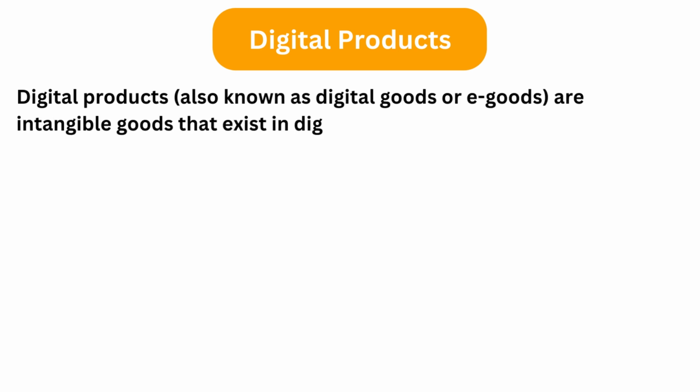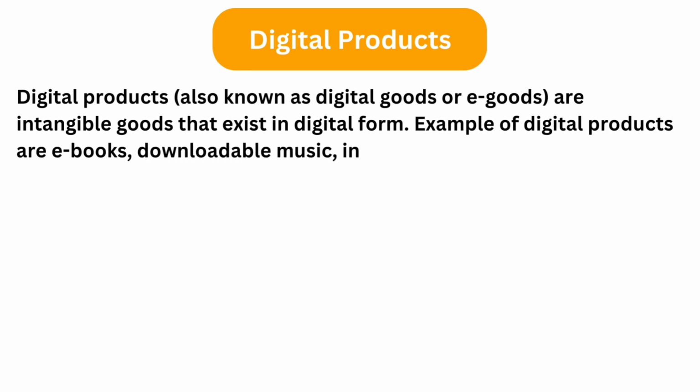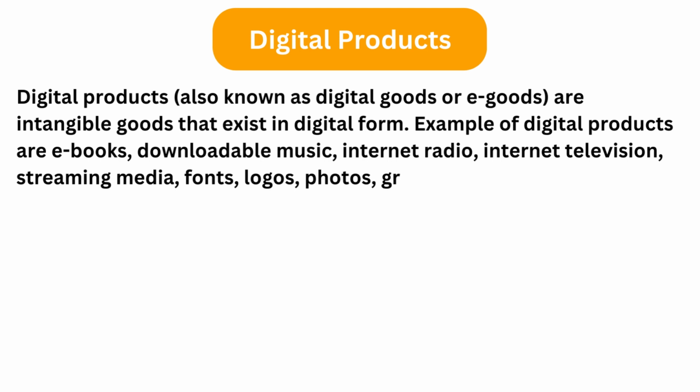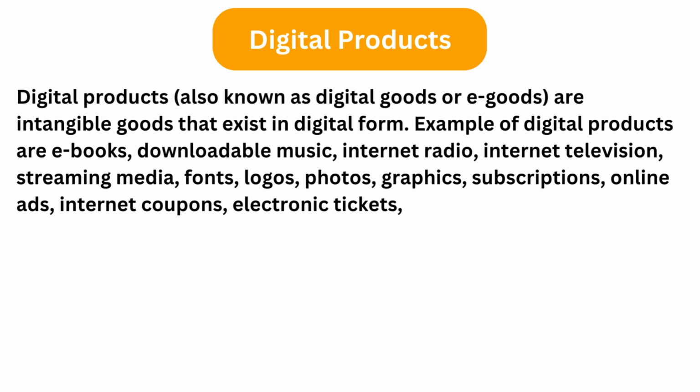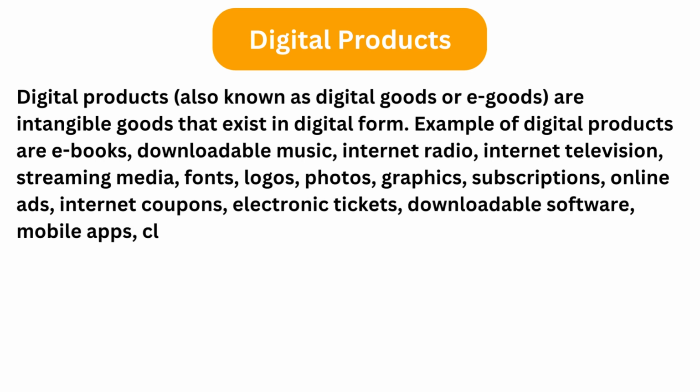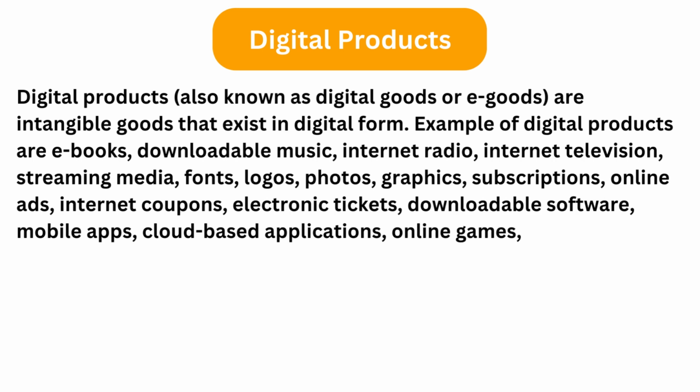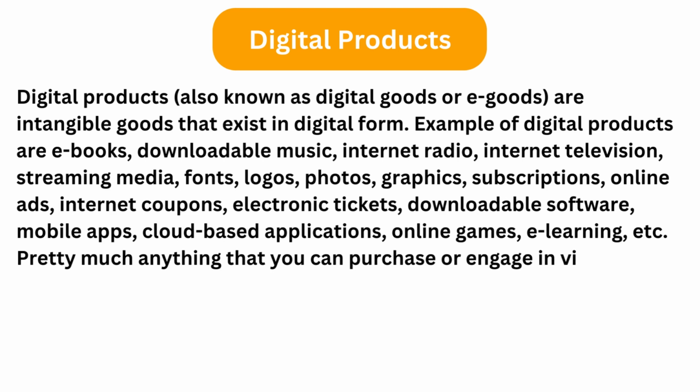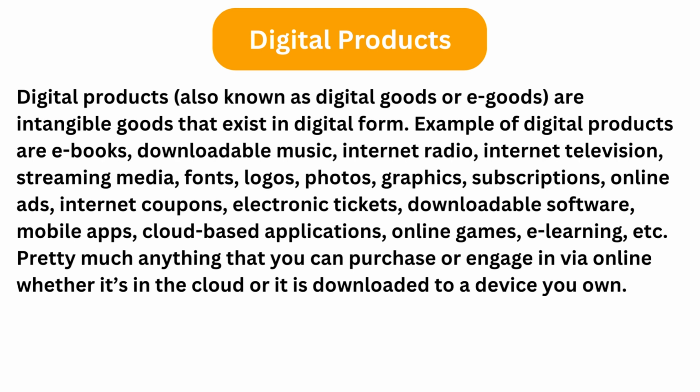Digital products. Digital products, also known as digital goods or e-goods, are intangible goods that exist in digital form. Examples of digital products are e-books, downloadable music, internet radio, internet television, streaming media, phones, logos, photos, graphics, subscriptions, online ads, internet coupons, electronic tickets, downloadable software, mobile apps, cloud-based applications, online games, e-learning, etc. Pretty much anything that you can purchase or engage in online, whether it's in the cloud or it is downloaded to a device you own.